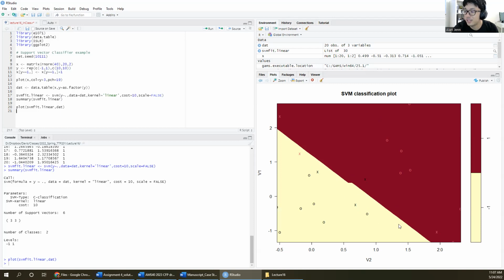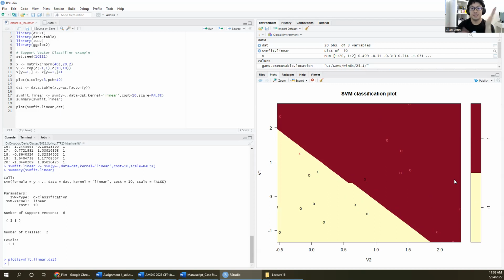Okay, so you can see 1, 2, 3, 4, 5, 6 violations total, and then this line otherwise would describe your SVC that maximizes the distance to the points on both sides.